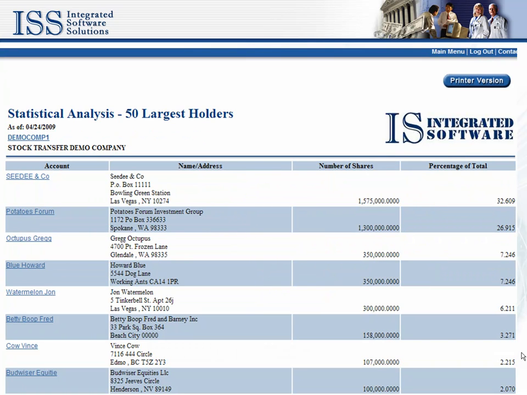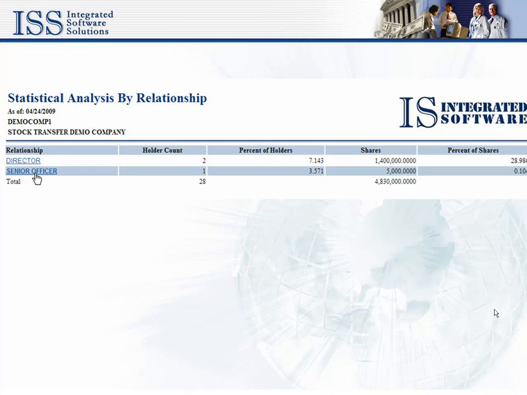The last piece, this particular report will give you a breakdown of the largest 50 holders in any particular company. Shows the shares held along with the percentage of the total outstanding. You still have the embedded links throughout all of these reports where you can go exactly back into the account to see their holdings. You can also see the statistical analysis by relationship.